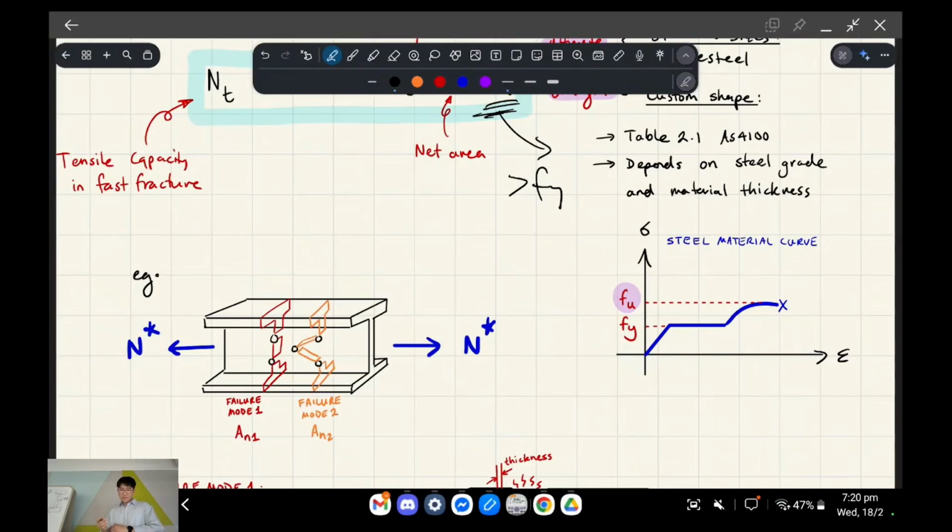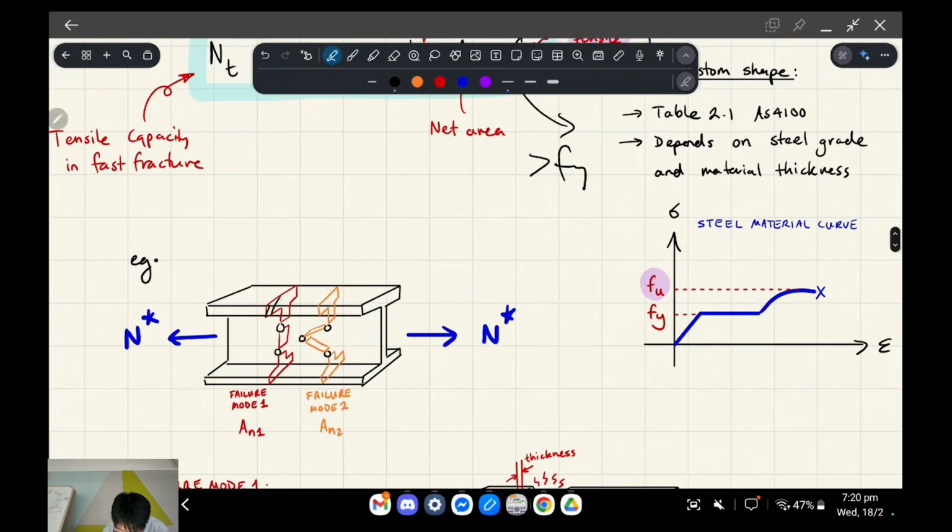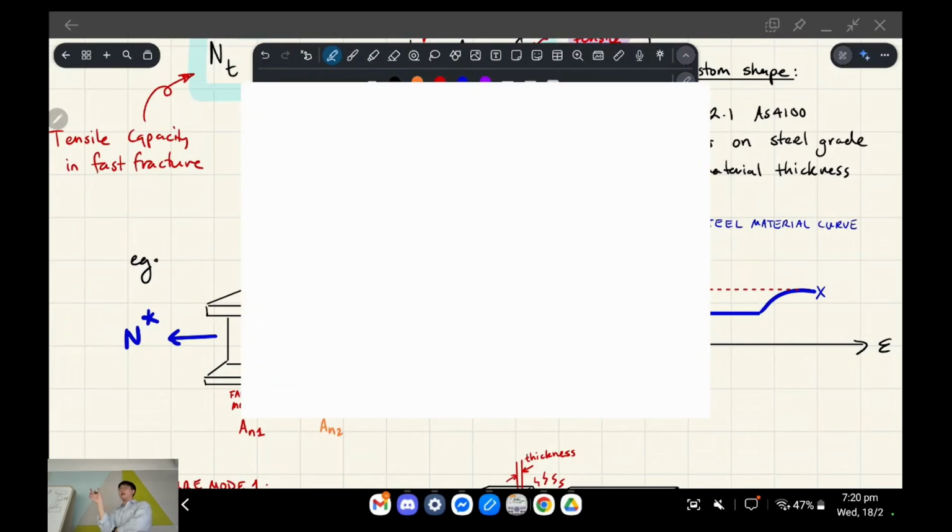It's going to reduce the cross-sectional area, because if you imagine this shape, the red one, it's not the entire I-beam anymore, because the holes have eaten away at two bits in the middle of it. Does that make sense?